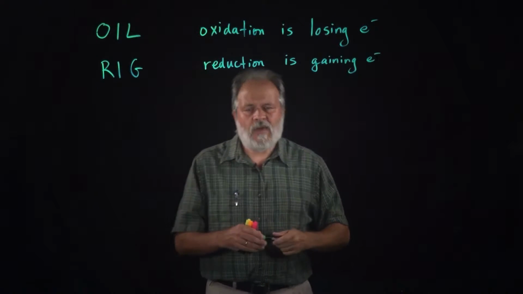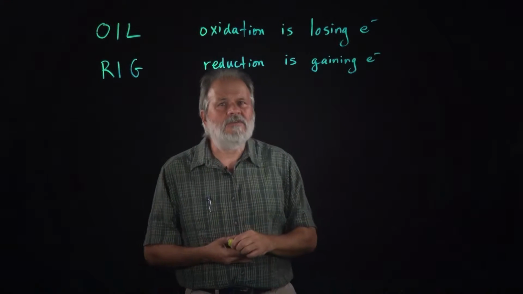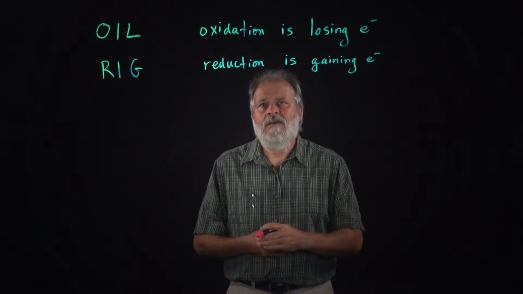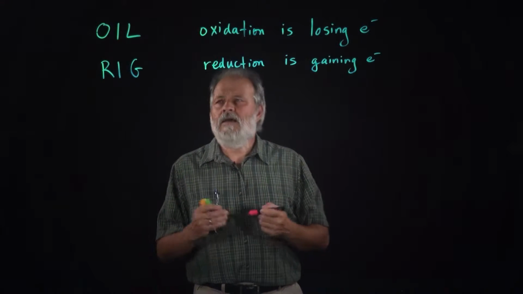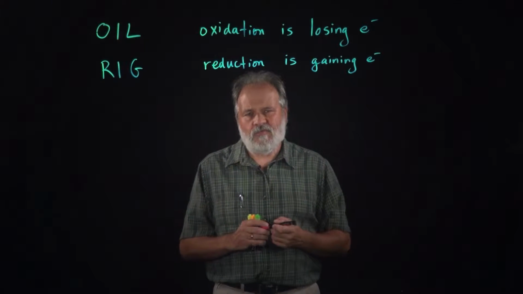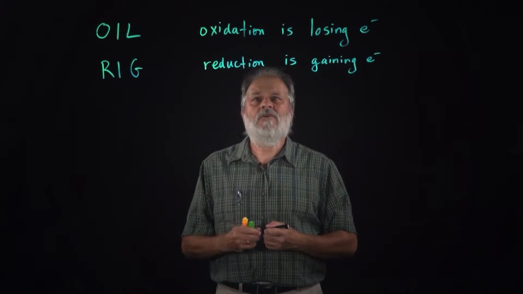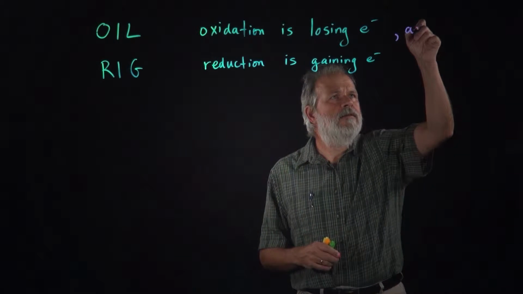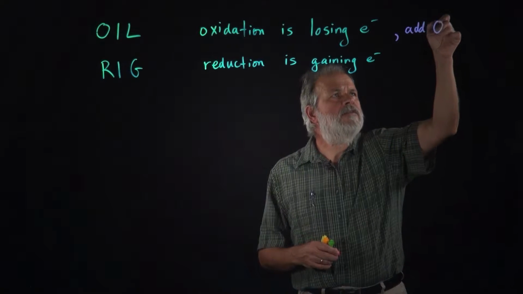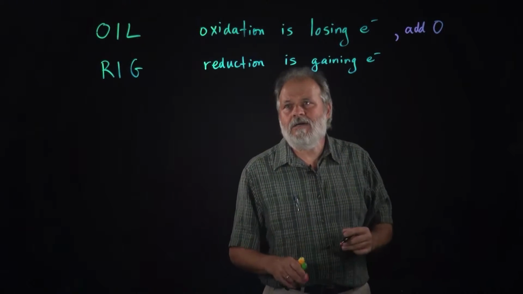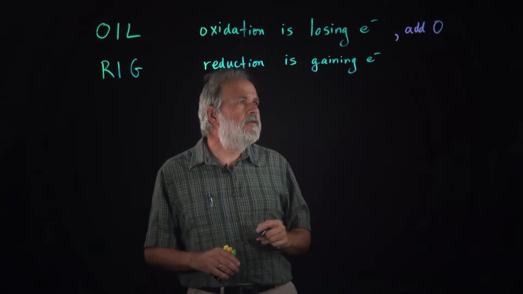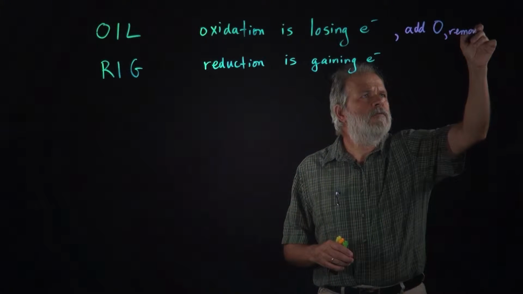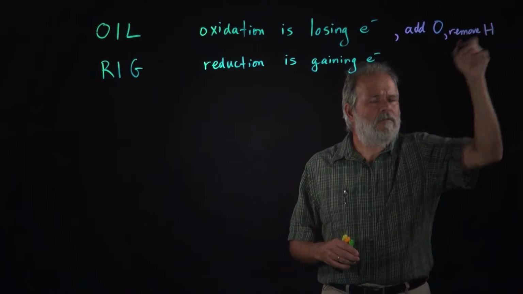Okay, so there's a lot about this topic that the text doesn't go into, but it also gives you some alternative interpretations for this in terms of organic chemistry. And so oxidation, another way to do this is to add an oxygen atom to the compound, and that will oxidize that compound, or remove hydrogen.